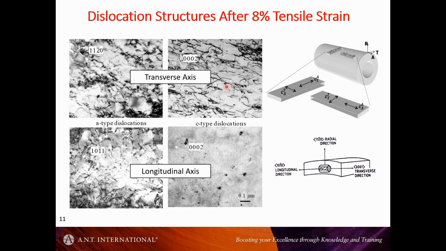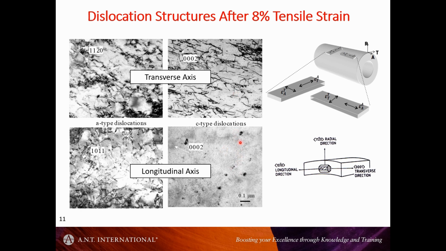Again, on the next slide I'll show you what this means in terms of the crystal structure. However, if you take a direction perpendicular to the C-axis, along the longitudinal axis of the tube, and you pull it in this direction, you don't excite slip on the necessary planes to produce these C component dislocations.